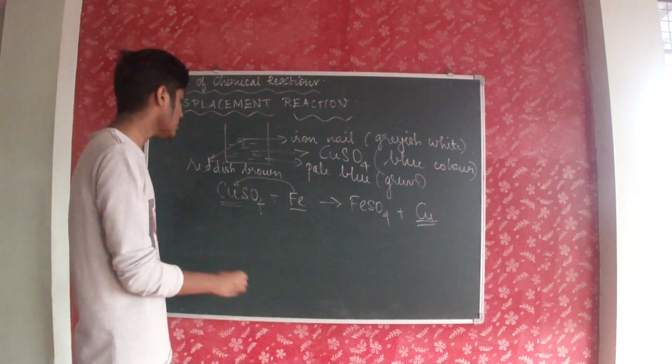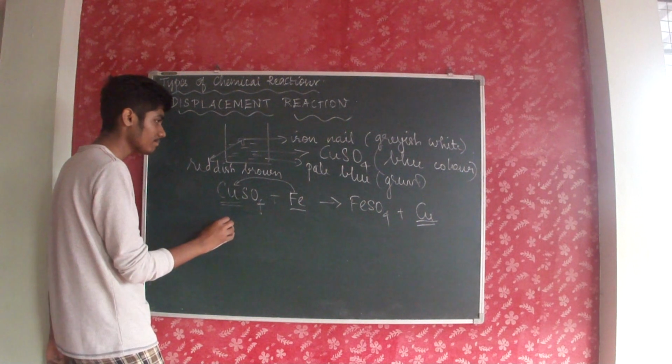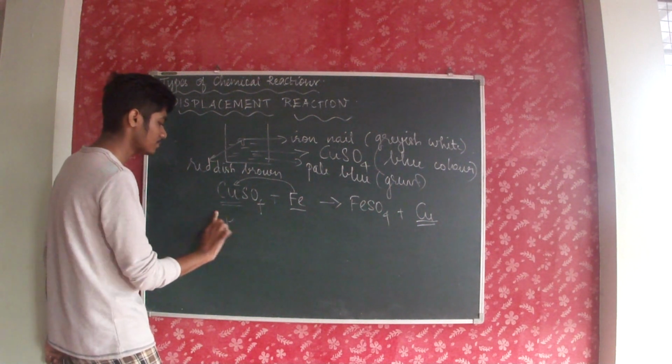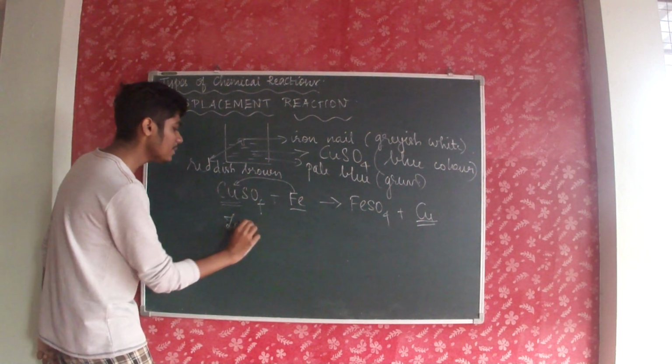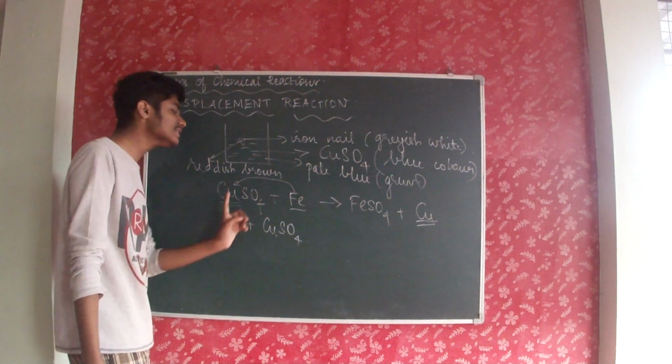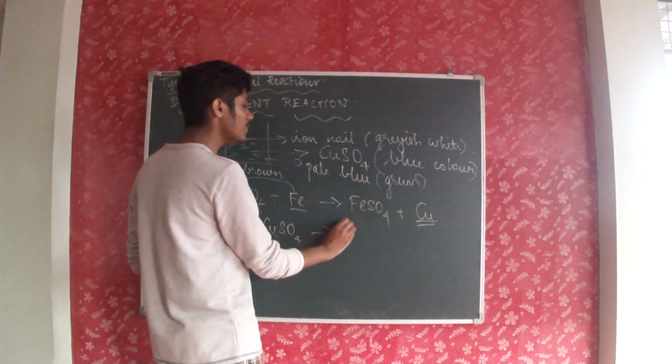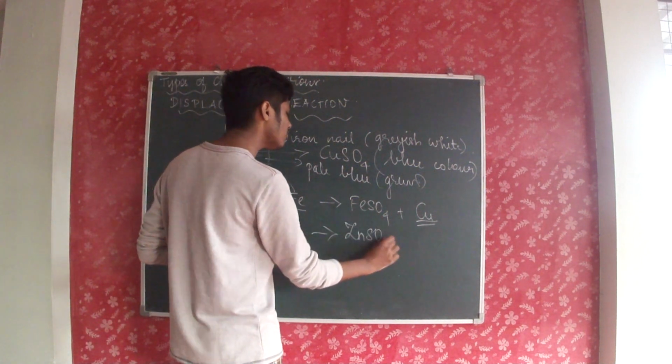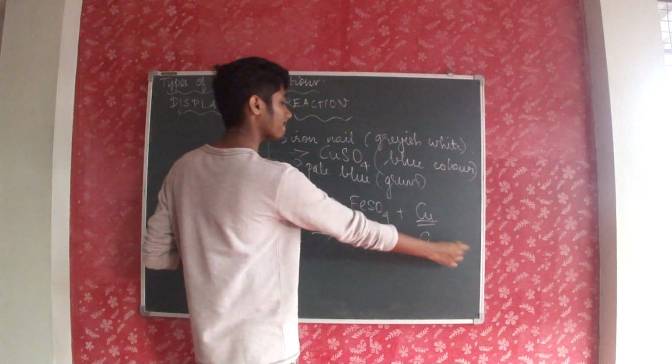There are also some other examples, like Zn, zinc plus CuSO4. Only because zinc is more reactive than copper, we will be getting the products as zinc sulfate plus copper.